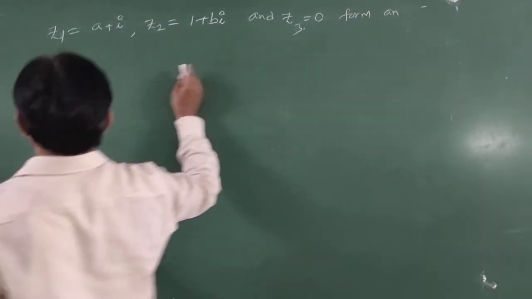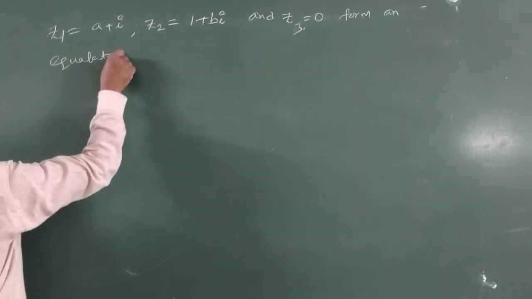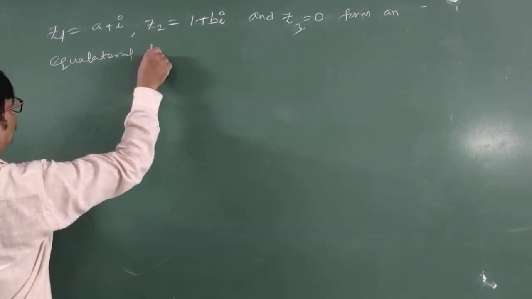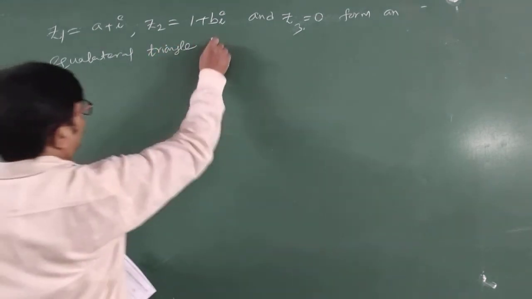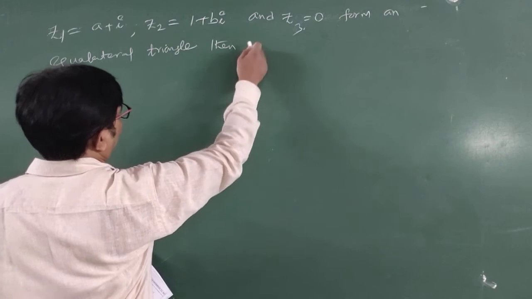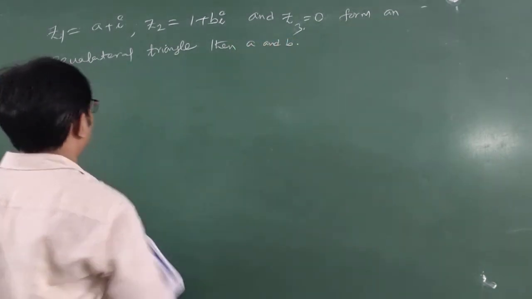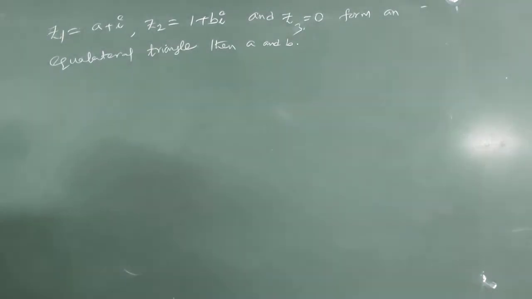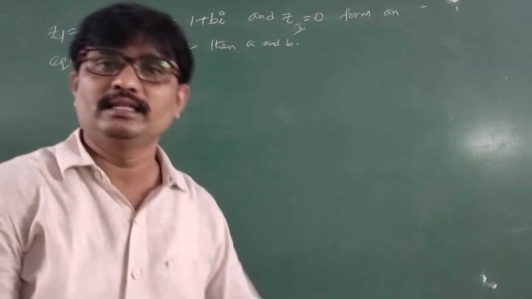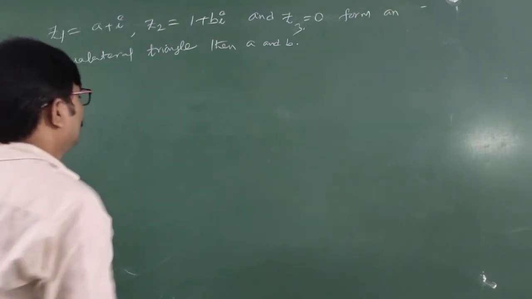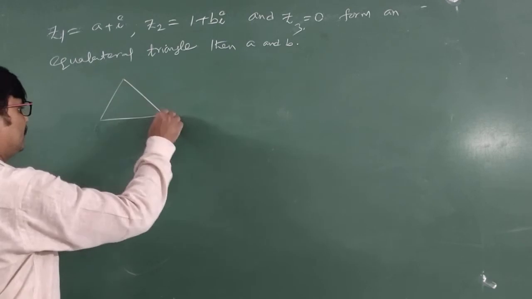Then find the values of a and b. Okay, students. So, my dear students, we can take this as an equilateral triangle.